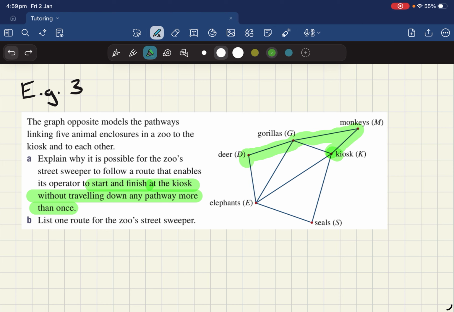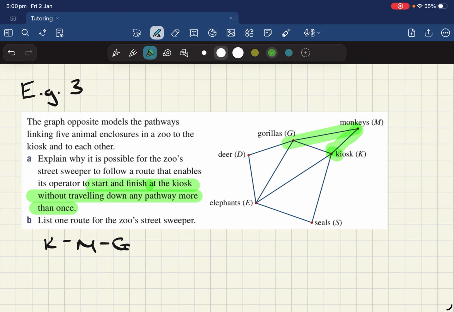Let's just reset this. So we went from kiosk to monkeys. So we're going to write K to M. Now remember, when you're writing your routes and your walks, we use this notation. So we write dashes in between each of our vertices. So here we go to gorillas.